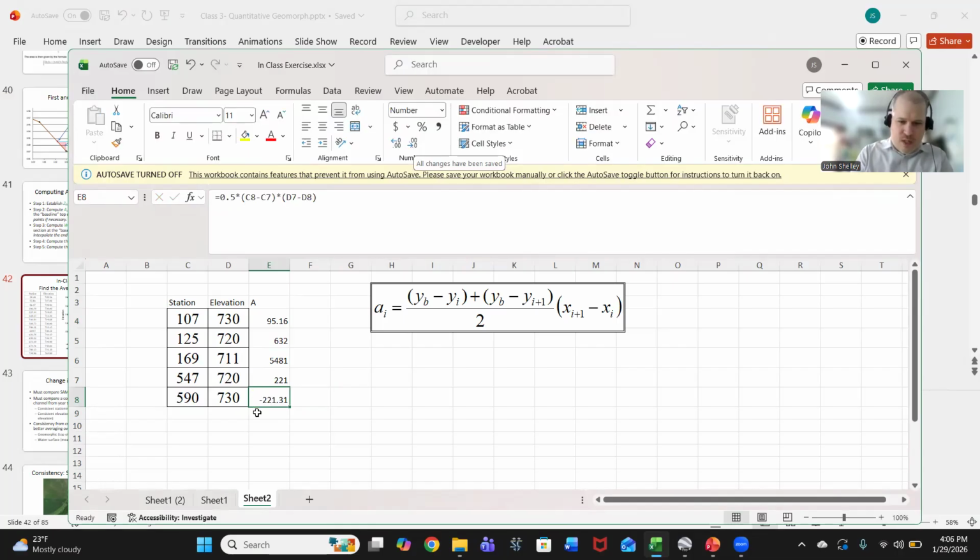Okay, let's just try that again. Equals 1/2 times the base, which will be this, times the height, which will be this. Okay, so I've got a triangle, 1, 2, 3 trapezoids, and there we have it.